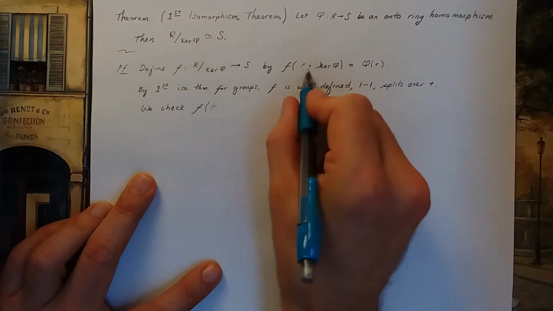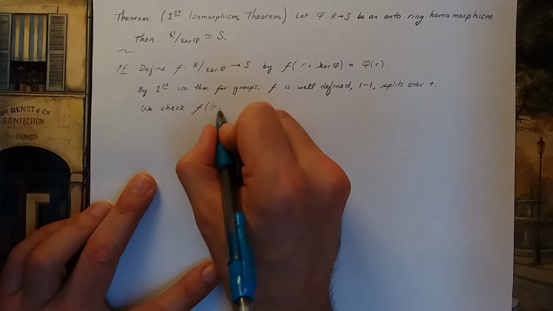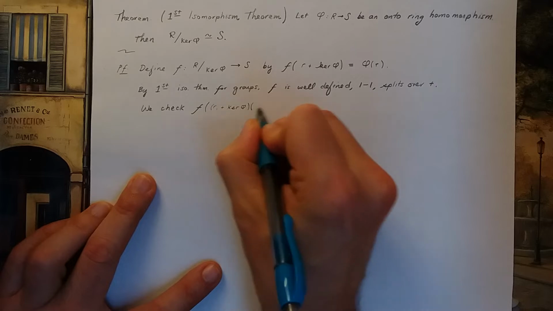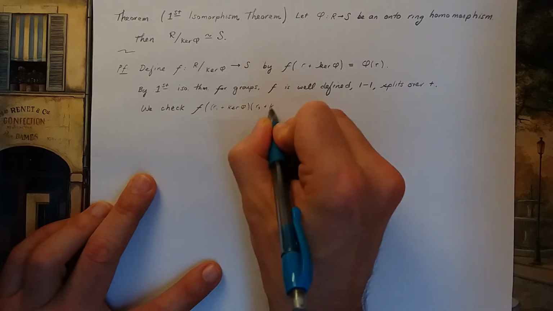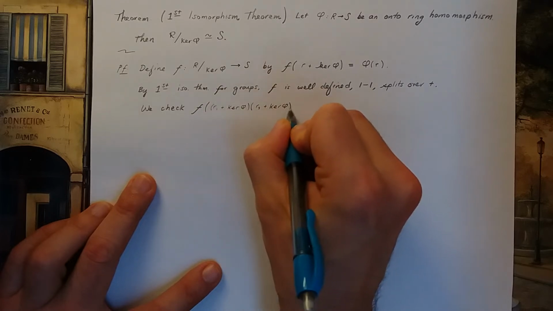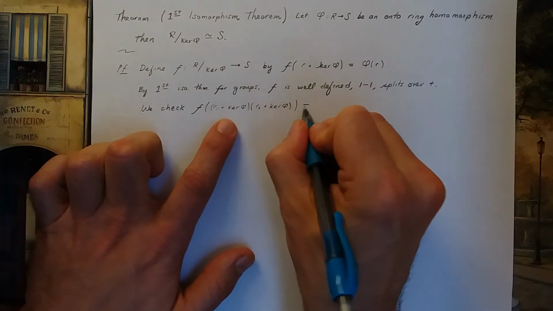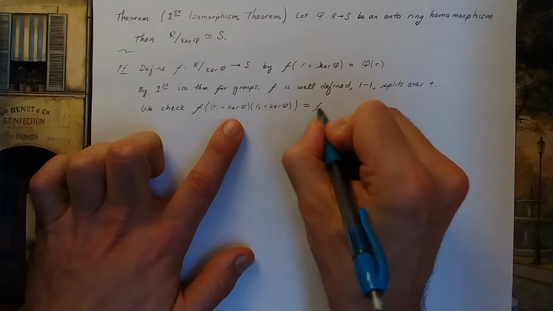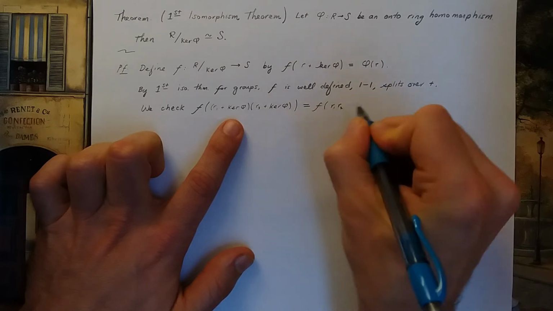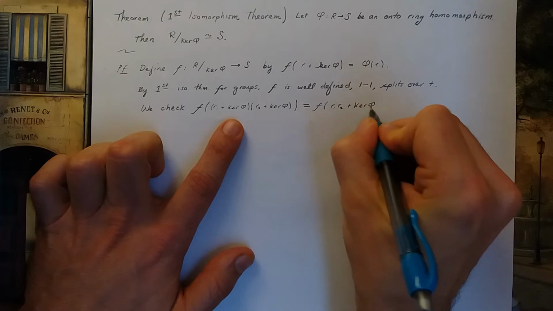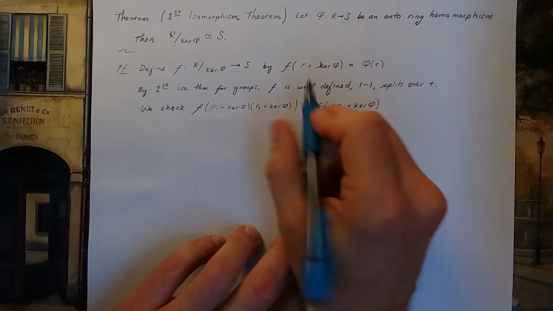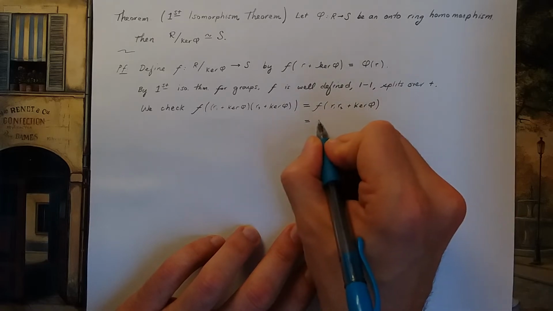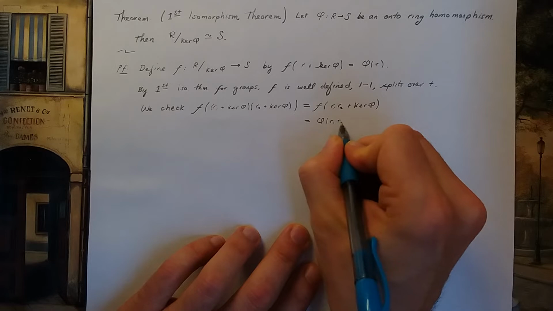If I take two terms in the factor group and multiply them, so R1 plus the kernel times R2 plus the kernel, definition of multiplication in the factor ring is R1 R2 plus the kernel. The definition of this function sends this term to phi of R1 R2.